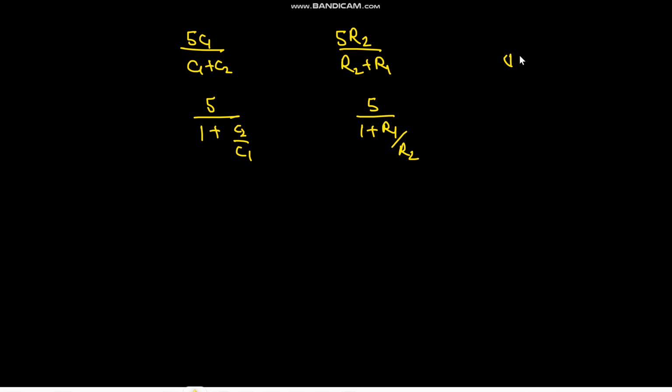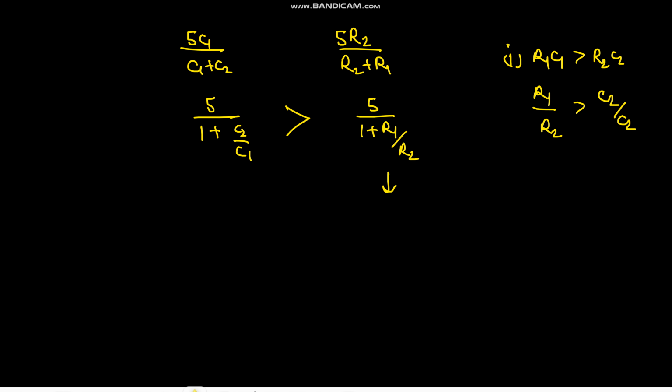The first condition is R1C1 is greater than R2C2. So R1 by R2 is greater than C2 by C1. So this value is greater, so this would be lesser, and this would be higher. So this would be higher and this would be lesser.